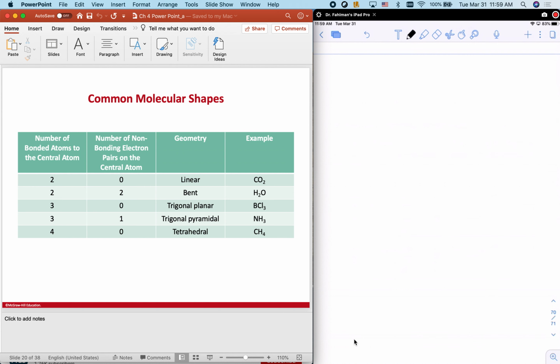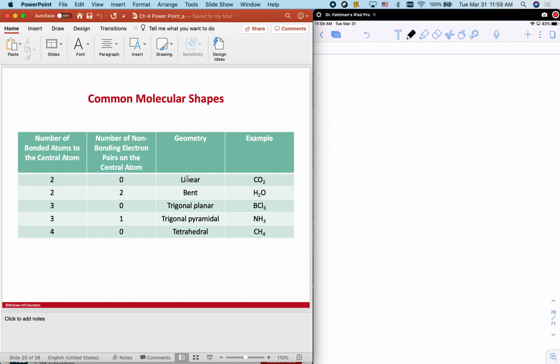Where we ended up at the previous lecture was talking about molecular shapes. And again, these are the only 5 that you will be responsible for. There are something like 13 or more different types of geometries, but I'm not going to ask any questions related to those.